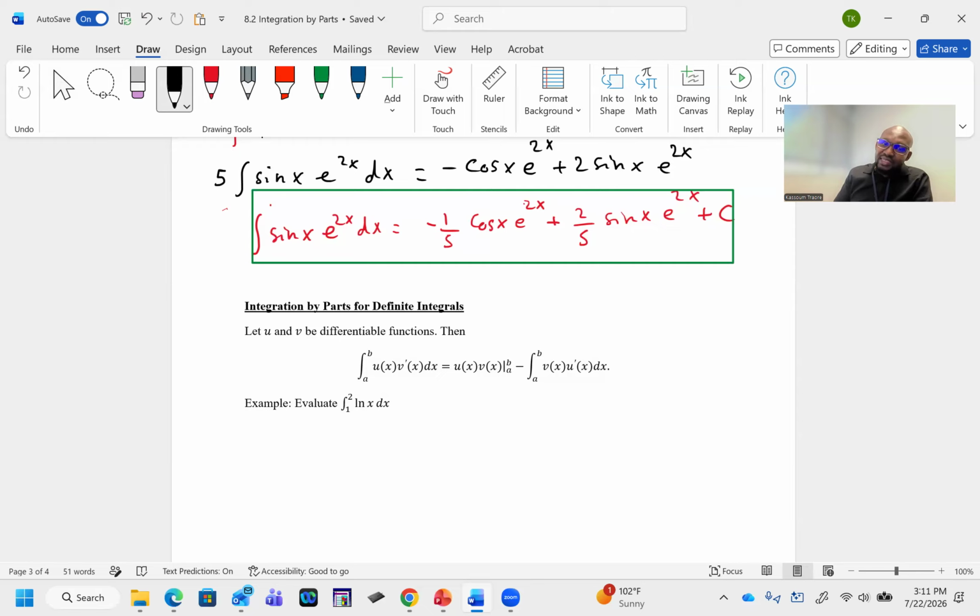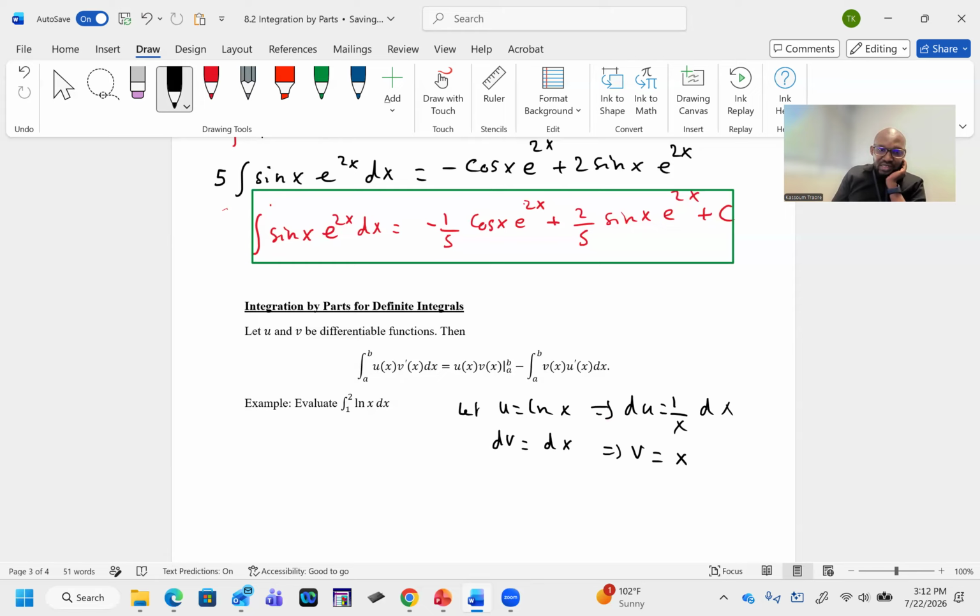So I will say let u be equal to ln of x, then du will be 1 over x dx, right? Then we would assume that dv is just 1 dx. So that means v will be equal to x.